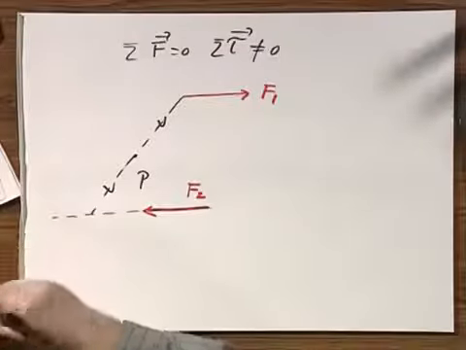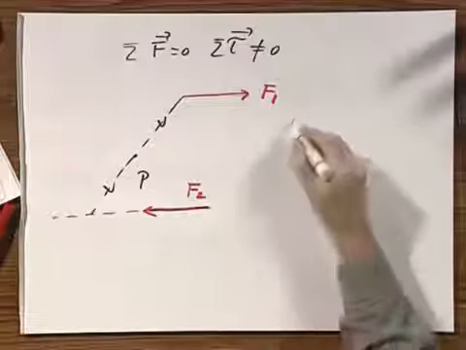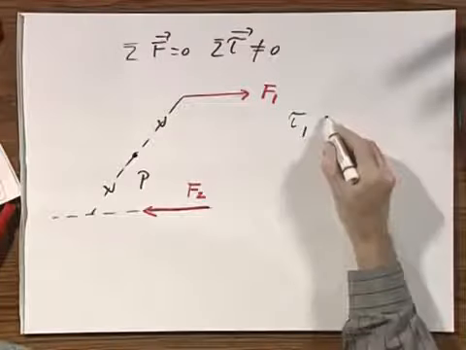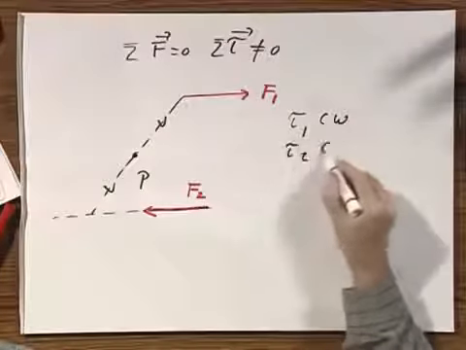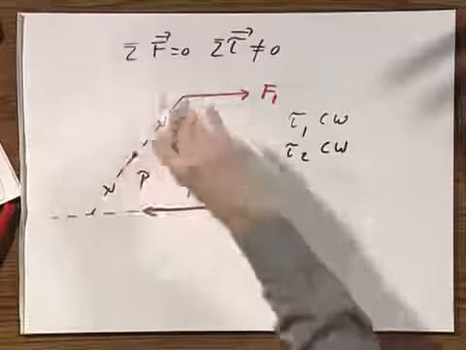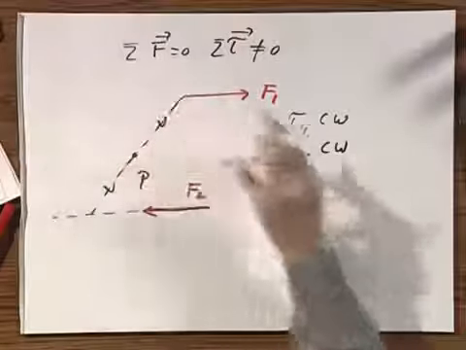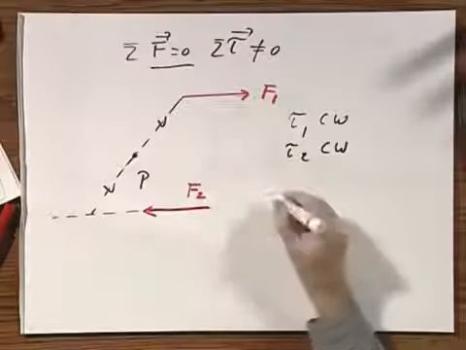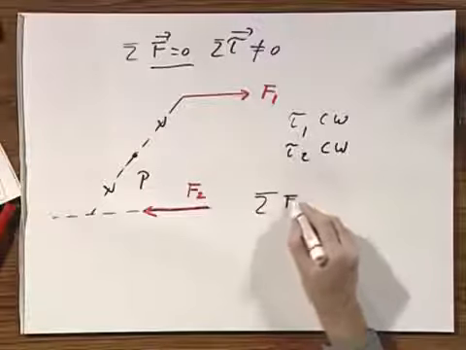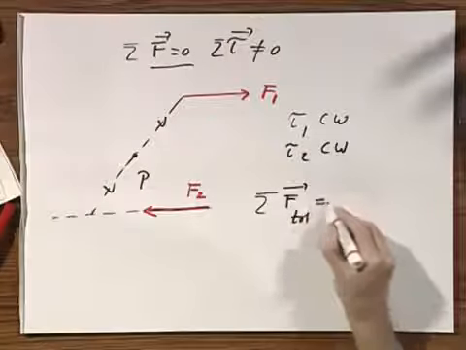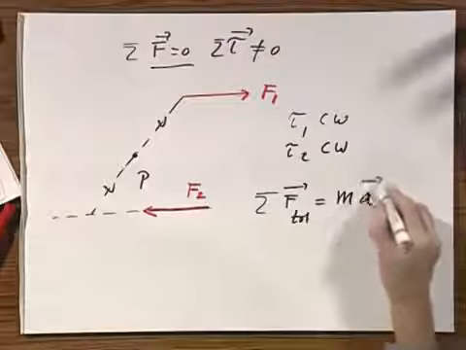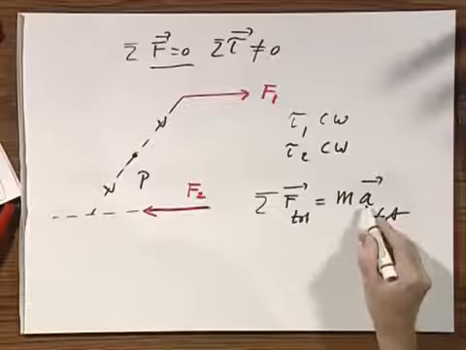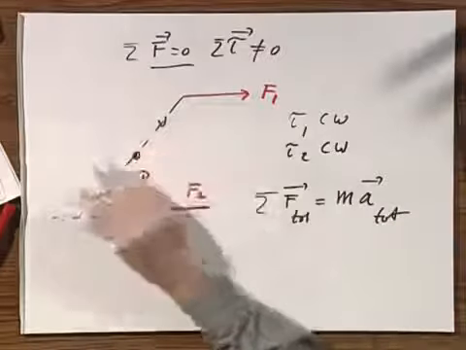Now the torque 1 relative to this point P is positive, it's clockwise. The torque 2 is also clockwise, so there is clearly going to be a rotation, there's no way around it, yet the sum of all forces is 0. And so you see, according to Newton's law, which says that the sum of all forces equals m times a, well, this is 0, so there is no acceleration. So it's only going to rotate, but it's not going to translate.